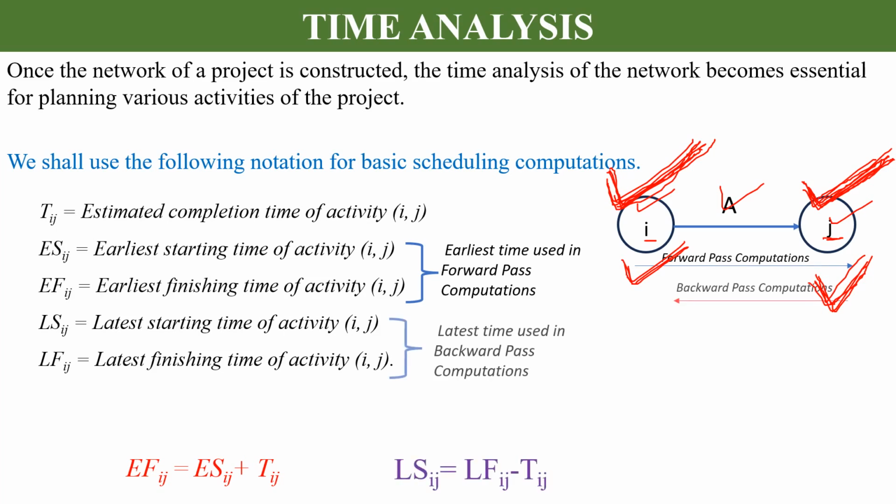So for the forward computation, we use the earliest start time and earliest finishing time, and for backward pass computations, we use the latest start time and latest finishing time. The relationship between them is LSij equals LFij minus Tij, which means latest start time equals latest finishing time minus activity time.